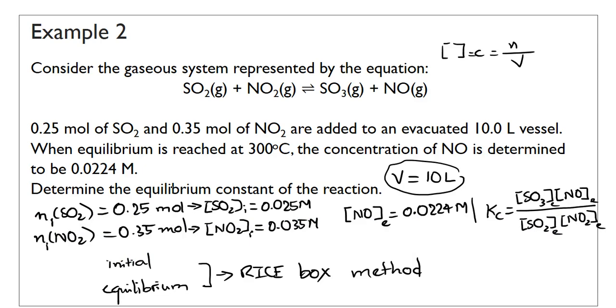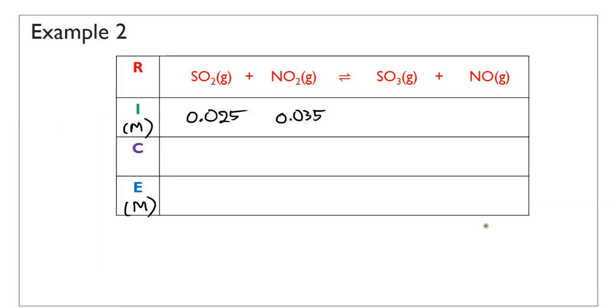So 0.025, 0.035, and the NO equilibrium concentration is 0.0224. Now you also know that the initial concentration of the products must be 0, because the question indicates that you start with only the reactants in an evacuated vessel, so there shouldn't be any other gases present.